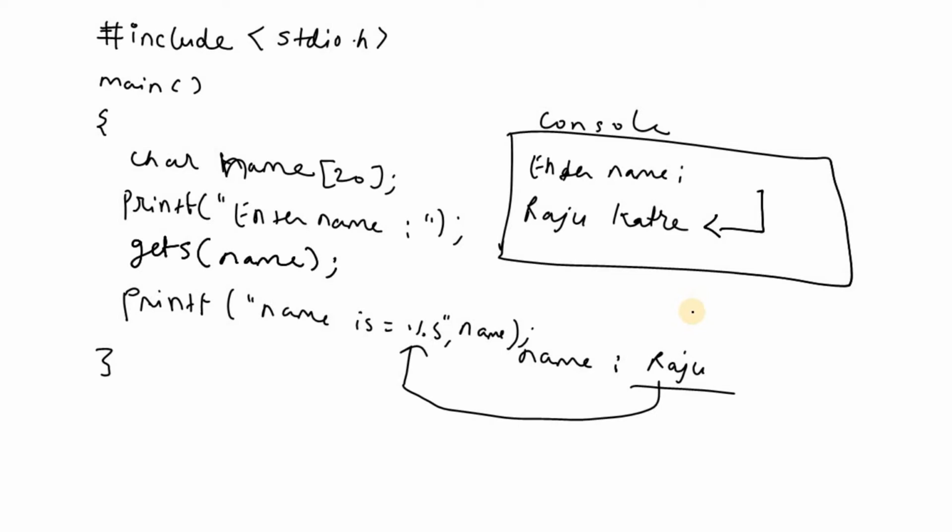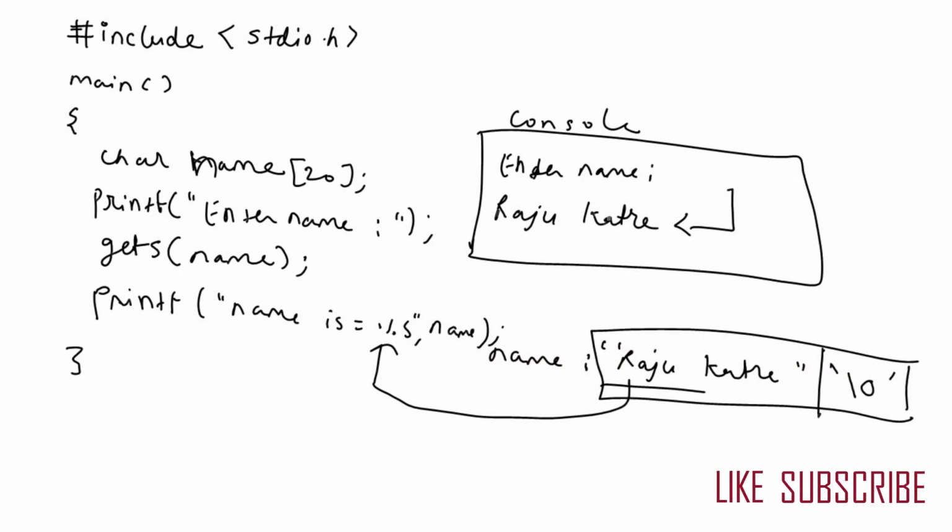So now, instead of printing Raju, the complete value Raju Katre will be stored into name. And whenever we print with %s, the last element is the null character; until the null character, all the characters will be printed.